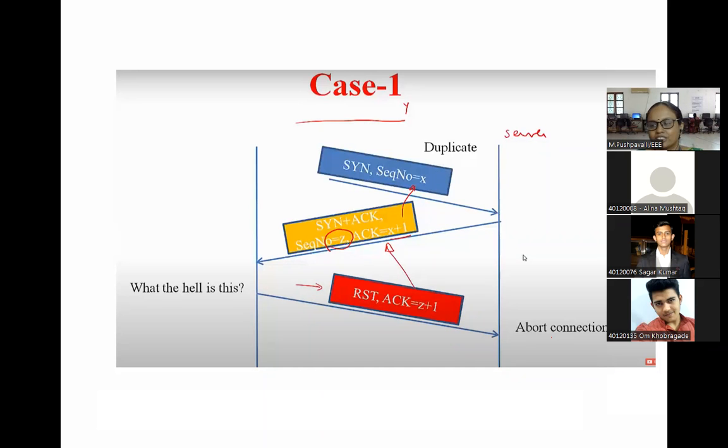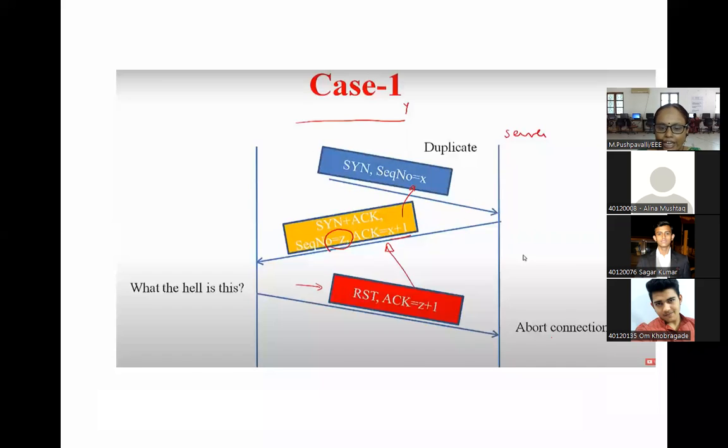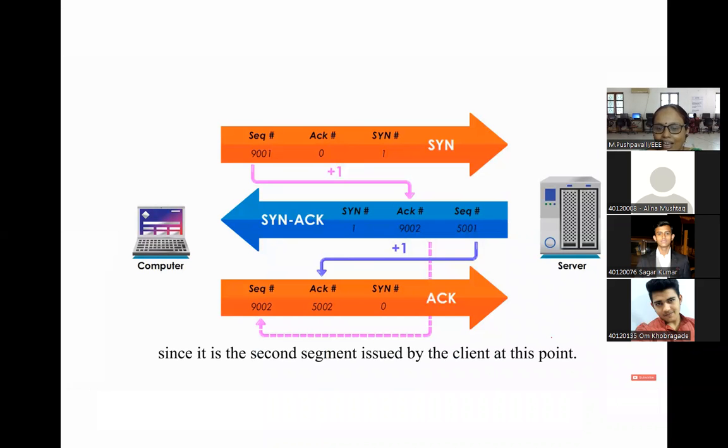And there are some more cases also. So this is about TCP. Okay, I think this is one of the best ways to explain it with numbering. Not X, Y and all now: 9001. Okay, so what will it do? It will take 9002. Synchronization is 1. And again the sequence number is 5001.